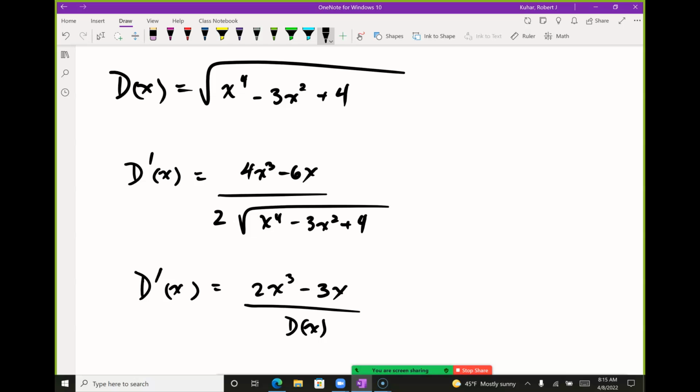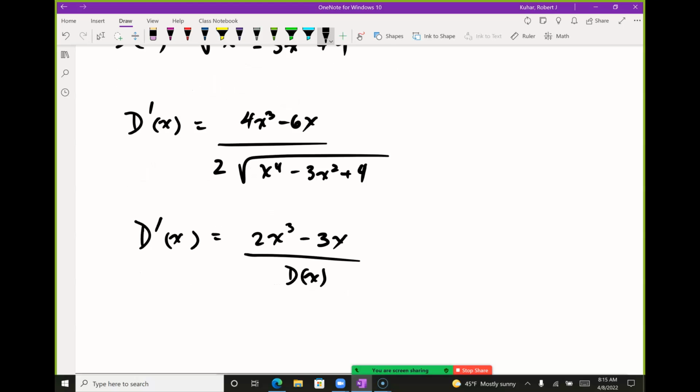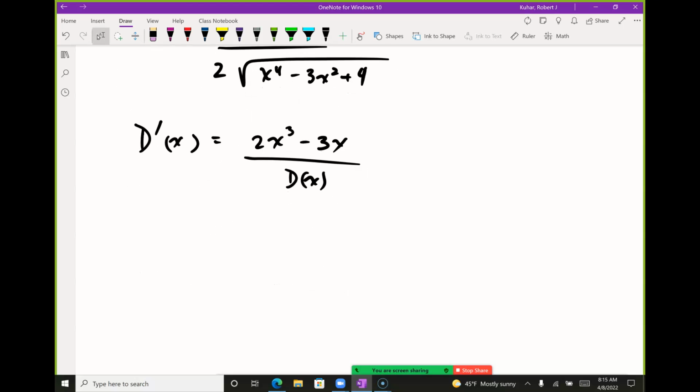So I like to put it in as an abstract function because it gets pretty messy when I do my second derivative, right? And why would I do my second derivative? To make sure my point that I get gives me a min distance, right? So second derivative should be positive so that I see I have a minimum, right?